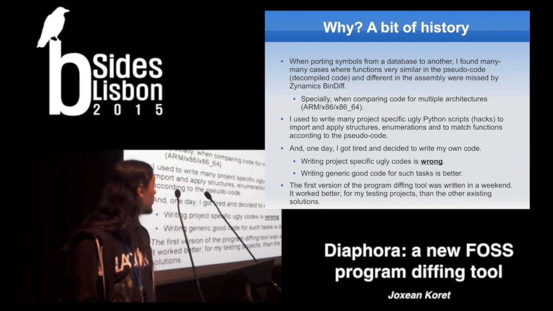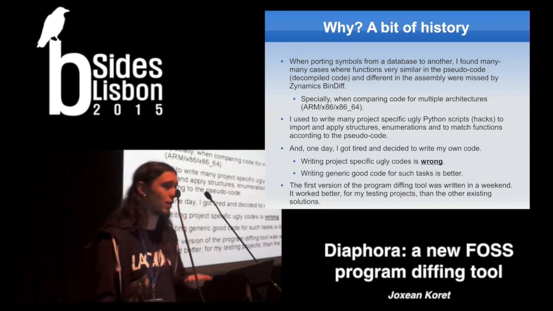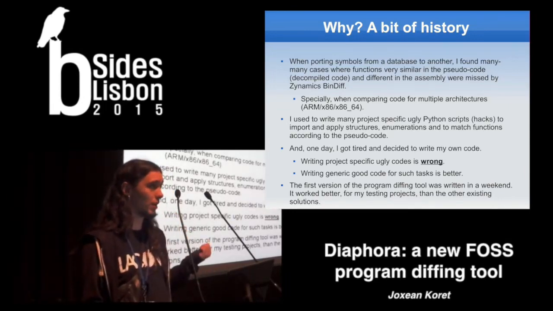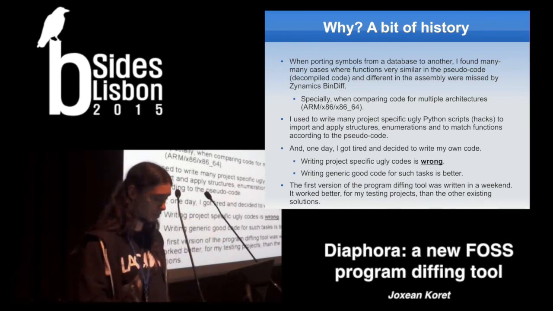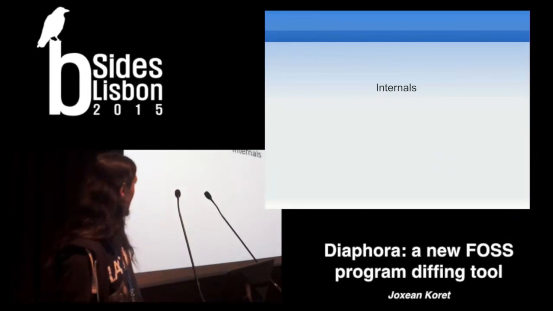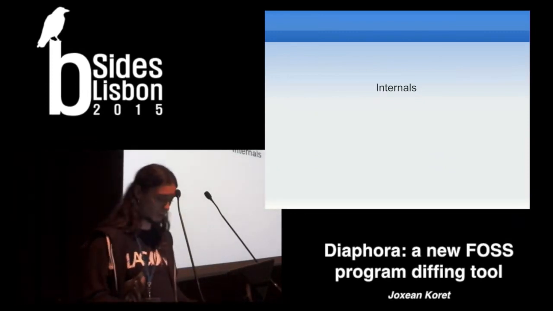The first version of Diaphora, this program diffing tool, took me like a weekend, more or less, and at least in my tests, it used to work better than Dynamic BinDiff, TurboDiff, Darungrim, and other tools. Okay, let's talk about how it works.